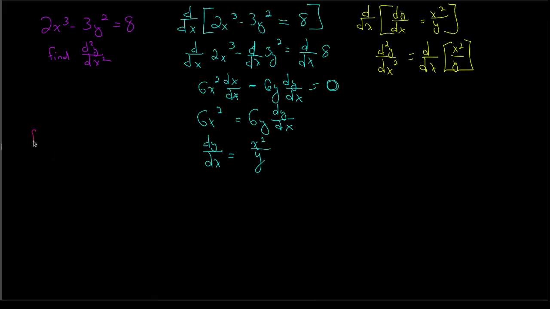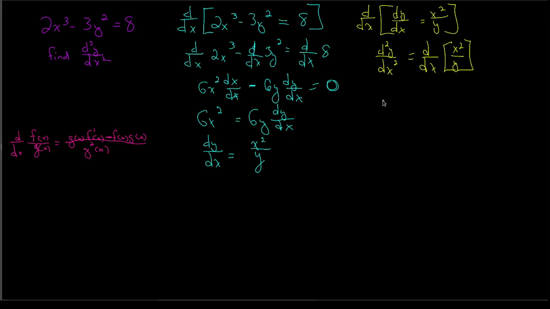If I have some function of x over some function in x, then the derivative of this is going to be the downstairs times the derivative of the upstairs, minus the upstairs times the derivative of the downstairs, and whatever the function is, squared down below. So we're going to use that to our advantage here.